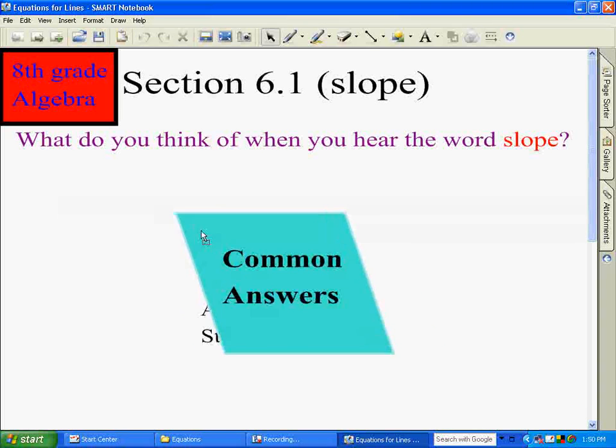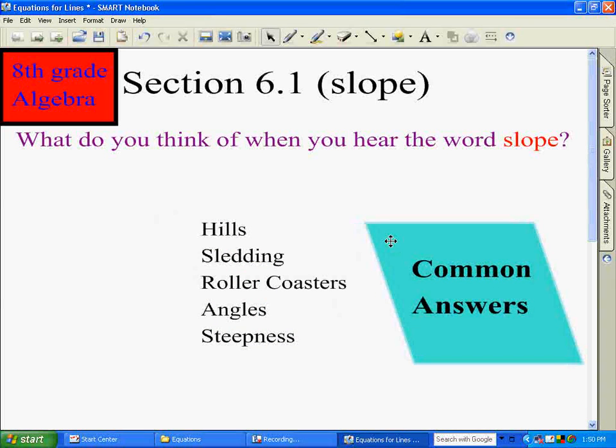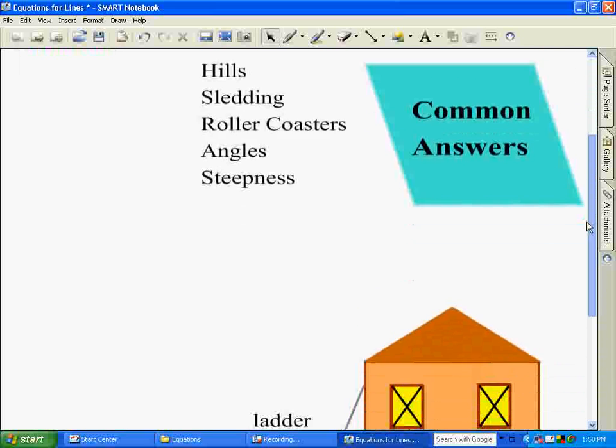Some common answers? Hills, sledding, roller coasters, angles, steepness, some measure of going up or rising or something like that. Those are some common thoughts that people think of when they hear slope.